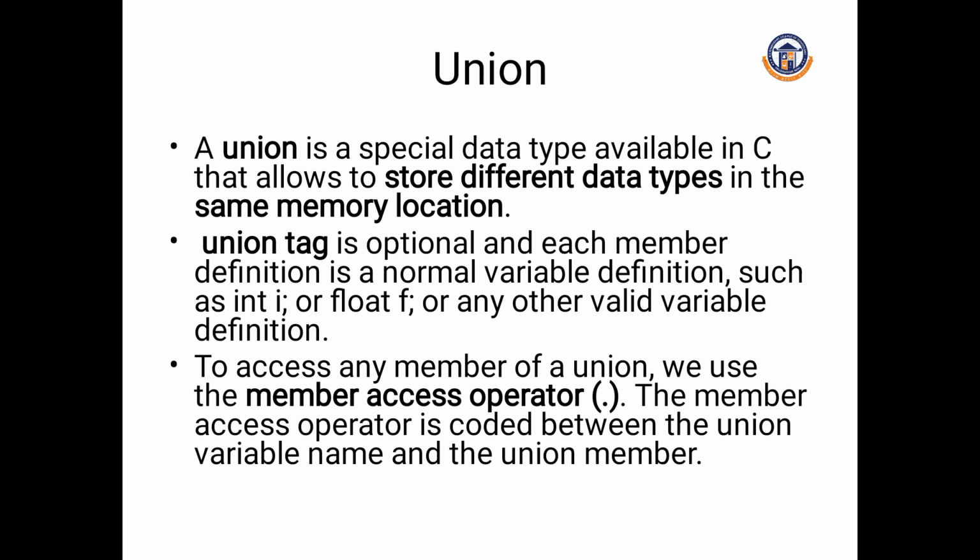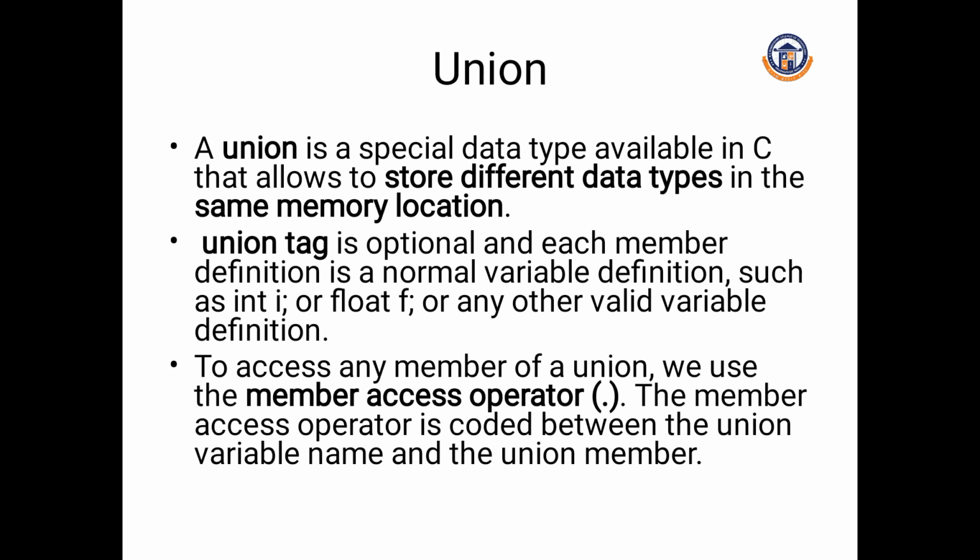Where the structure will store different data types like int, float, and character, union also is used to store different data types like character, int, float, unsigned integer, signed integer, double, long.